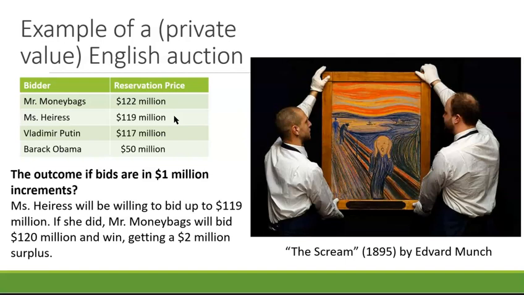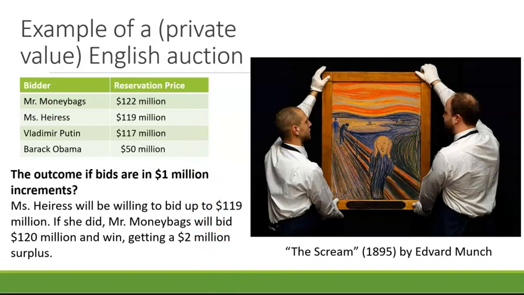So this is really what is called the second price auction. For example, if Mr. Moneybags had a reservation price of $150 million, then he would get a much bigger consumer surplus. But he wouldn't have to bid up to the maximum amount that he'd be willing to pay.